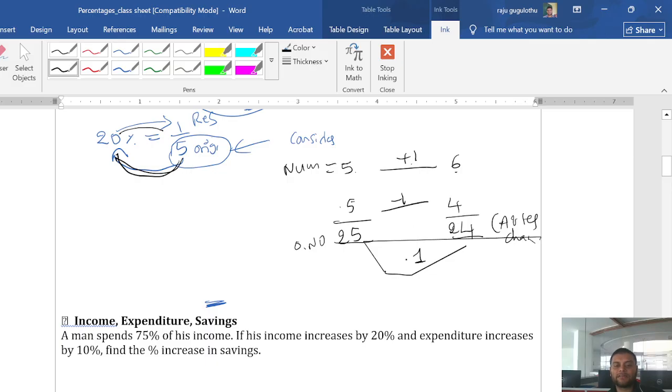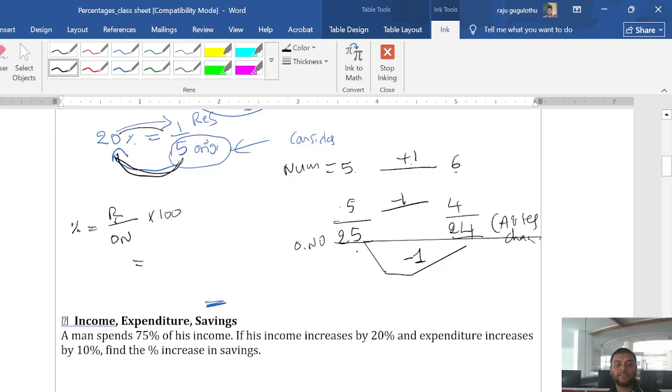And I can calculate the percentage change like this by using the previous formula. Percentage of anything will be result divided by original number into 100, guys. Here, whether the value increases or decreases will be taken as the result.